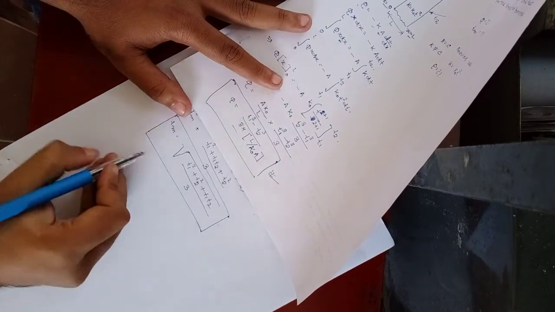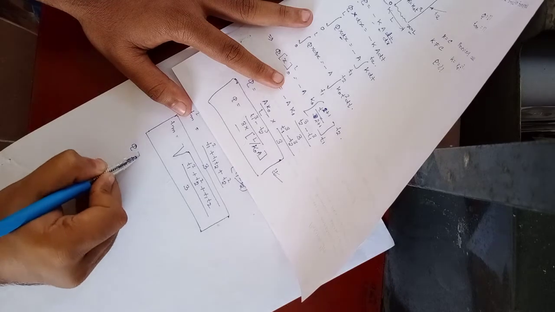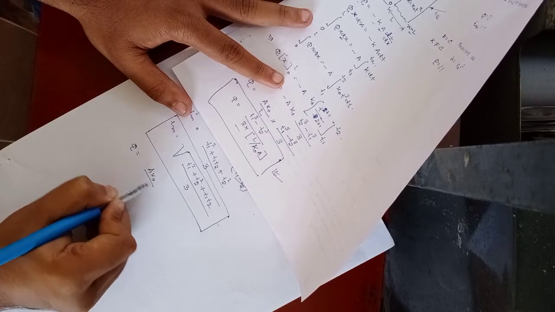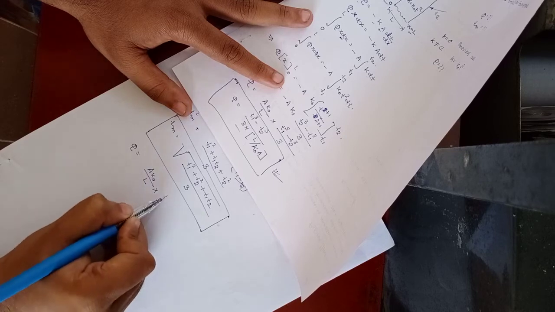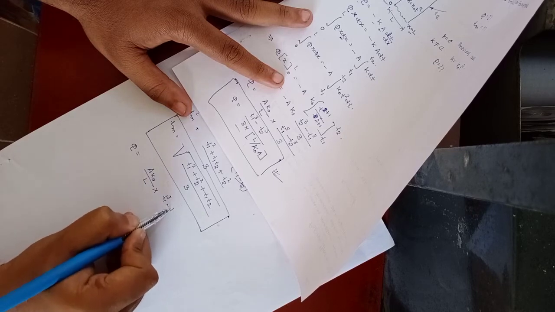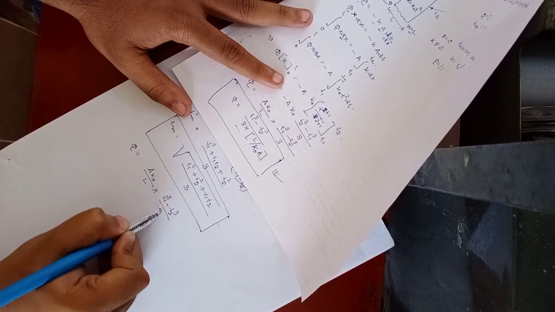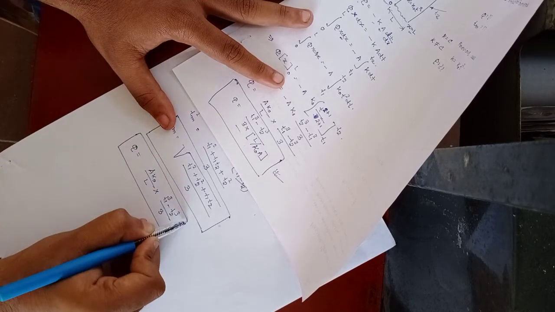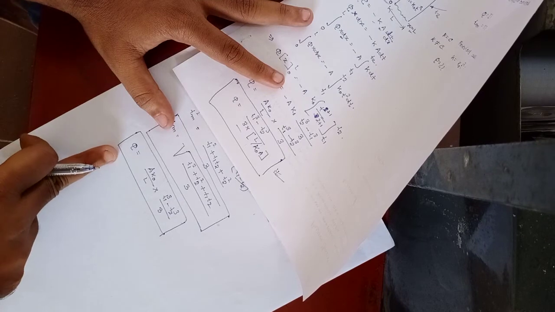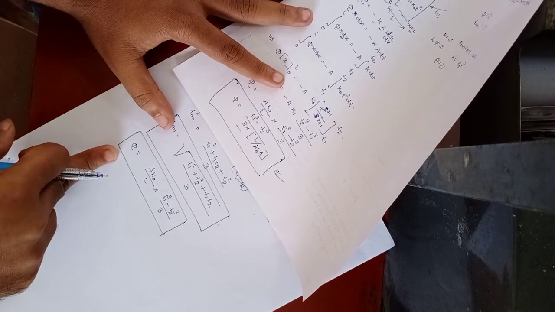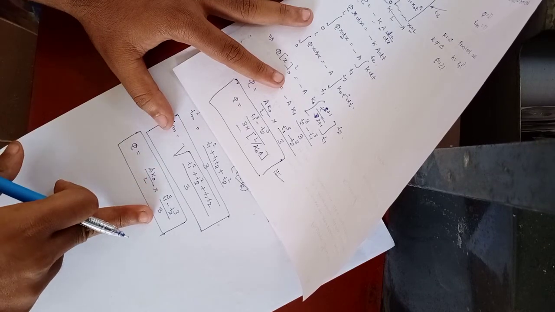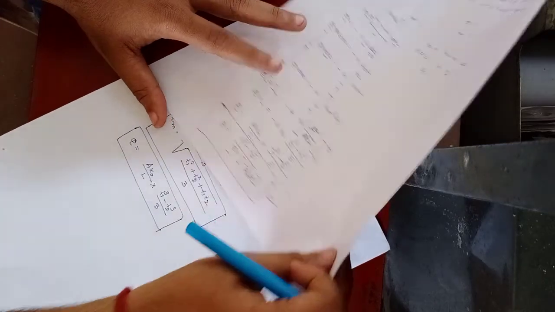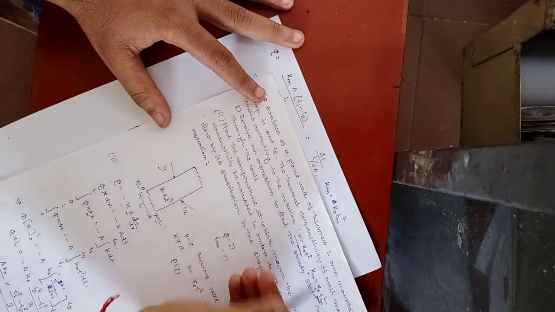So what is Q? Let me jot it down. Q is coming as A K0 by L into T1 cube minus T2 cube by 3. So this is the equation for the heat transfer under steady state conditions through the wall, where the thermal conductivity is varying with respect to this equation.